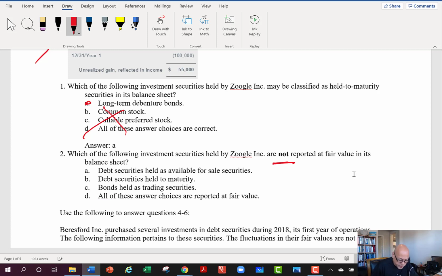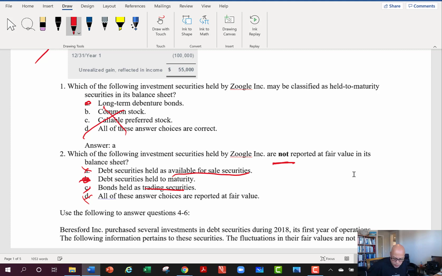And so you take a look, and that's the answer here for B. Debt securities that are held to maturity are carried at amortized cost. Trading and available for sale are fair value. The only difference between them is that for trading, unrealized gains and losses are run through the income statement. For available for sale, unrealized holding gains and losses are run through the statement of comprehensive income.